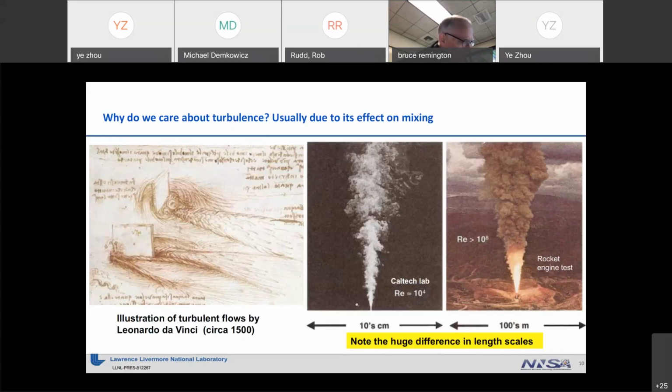In the laboratory experiment we are talking about 10 centimeters, but in the rocket engine test we are talking about hundreds of meters. But if you compare the visualization of these two images, despite this big difference in length scales, you can see very similar kinds of structures. In fact, you can use this scaling relationship to study many experiments in laboratory frames. I'm going to talk about that a little bit later.